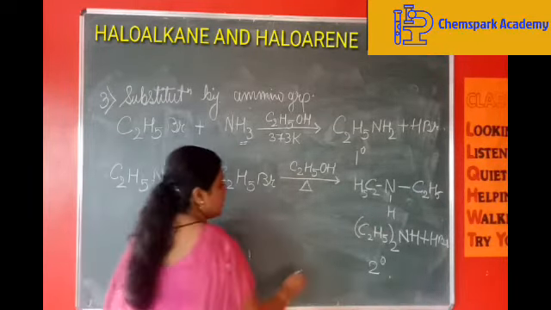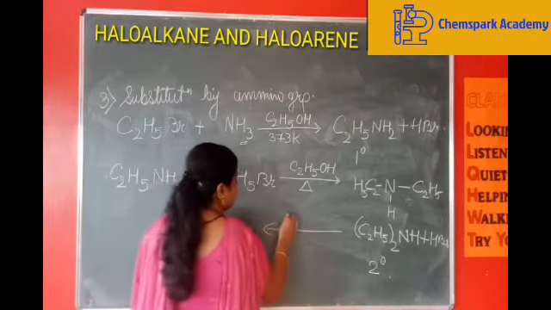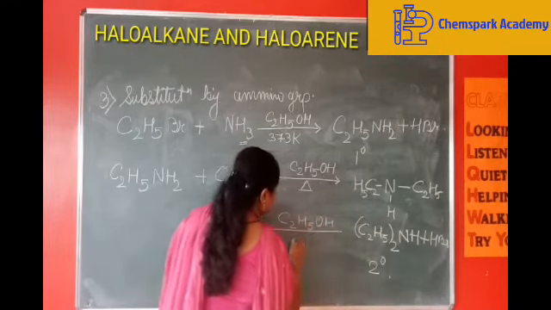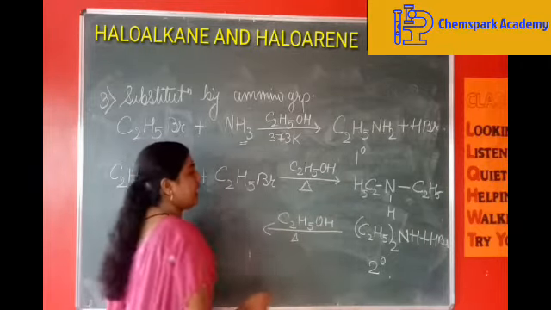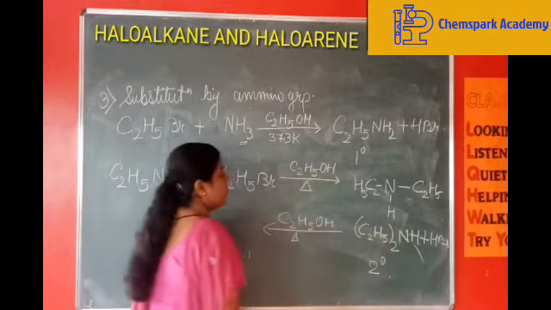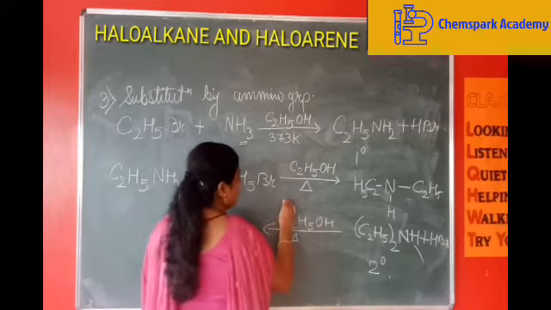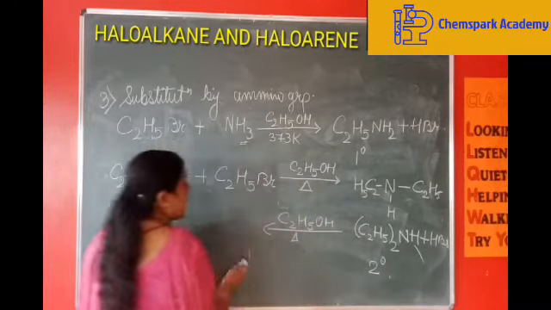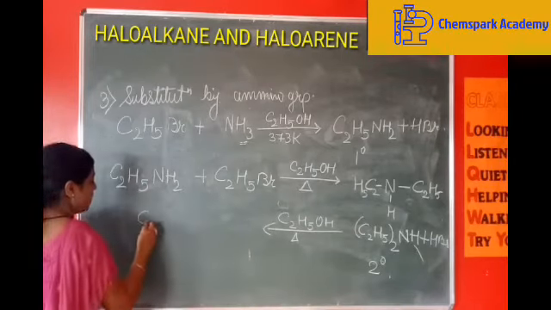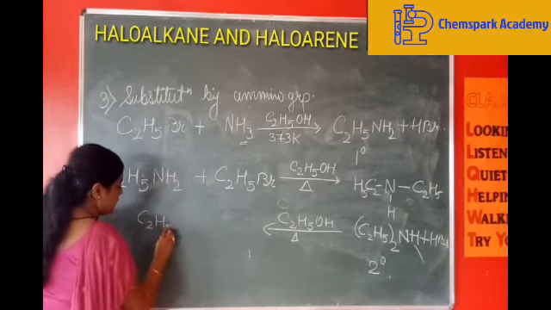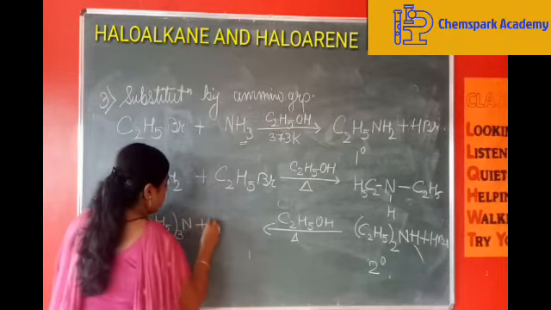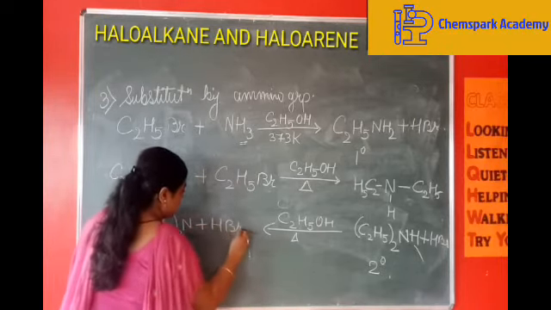Now further we use this secondary amine with the ethanolic solution and heat again, and again this hydrogen will go off. It will now be formed as (C2H5)3N plus HBr.